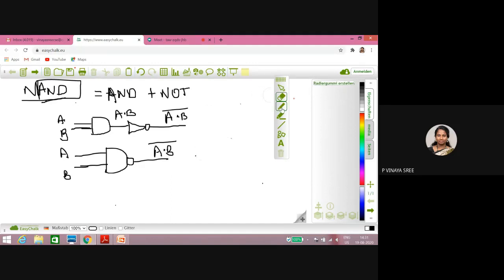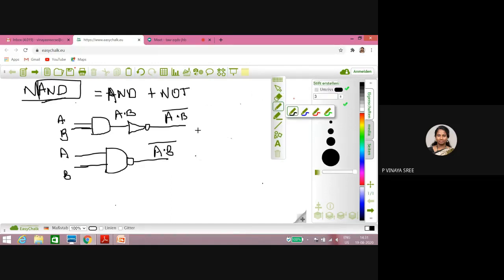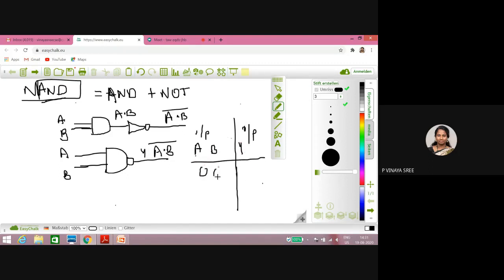As we know, one side will be input and the other side will be output. Input we have considered A, B. Output we have considered as Y. So we get 4 combinations: 0 0, 0 1, 1 0, 1 1.